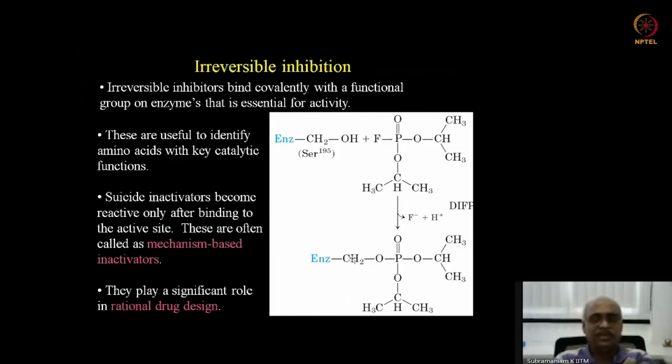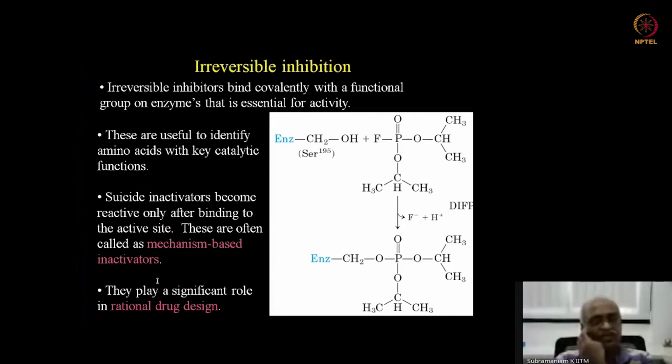So here you are not going to be able to reverse or change the kinetics by increasing the substrate. These help us get at the mechanism of the reaction. For example, this helps in identifying that the serine is the residue at the active site participating in the reaction.